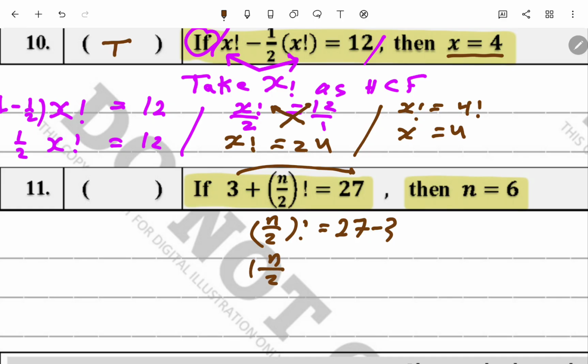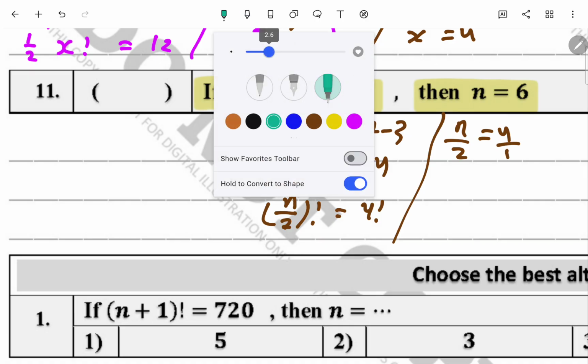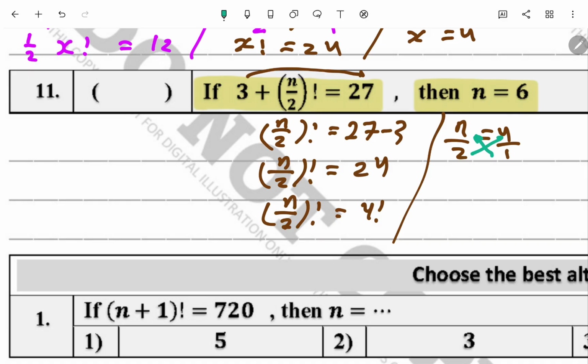If you subtract them, you get 24. Let's now change this 24 to be 4 factorial and cancel factorial here and there to easily get n over 2 equals 4. Make it over 1 to do a cross multiplication easily. That will give you n equals 8, which is different than here, and that will make it false.